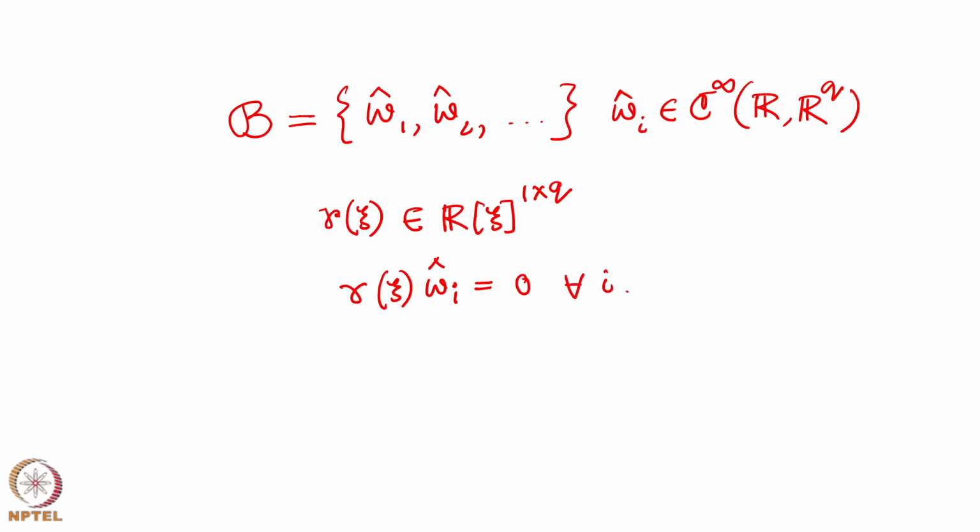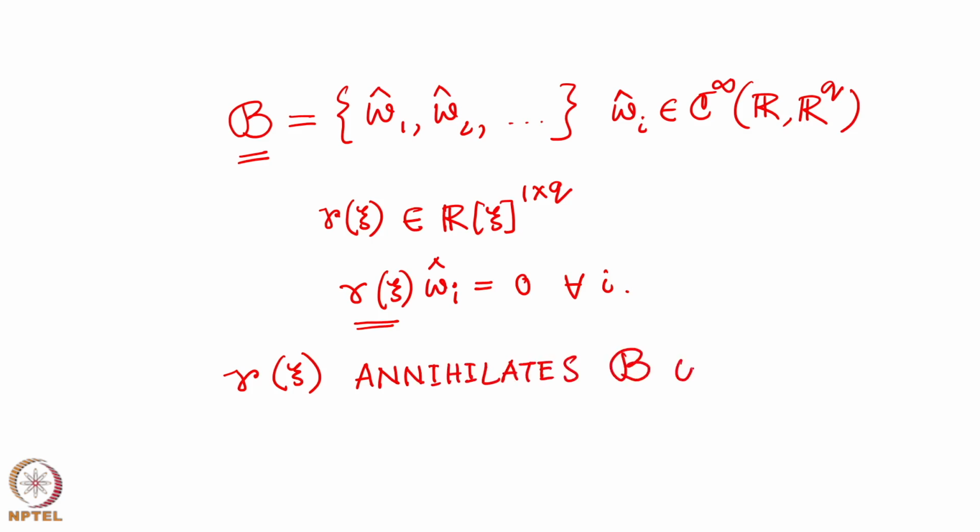That means this vector R(ξ) annihilates the set B completely. R(ξ) annihilates, that's the technical term used here, because every trajectory in this set is taken to 0 by it.